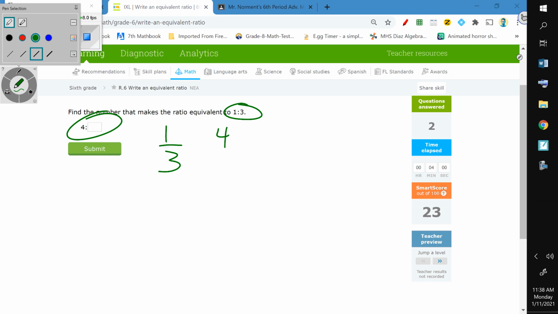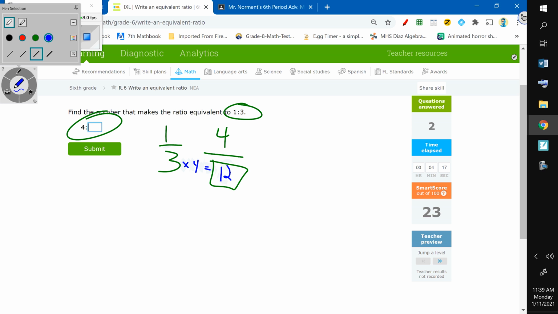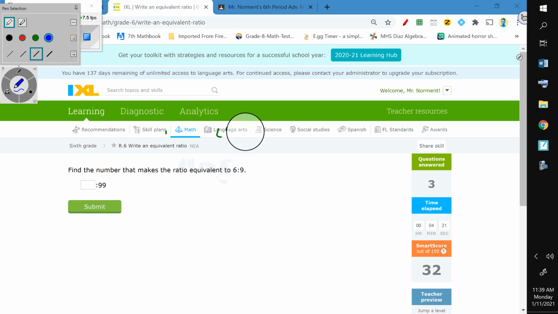Convert that to a fraction. Now, here's the multiplication part. I'm increasing from 1 to 4. So 1 times 4 equals 4. So now I just bring this down, and I'm going to multiply the bottom times the same thing to get 12. And that's all you got to do for this.